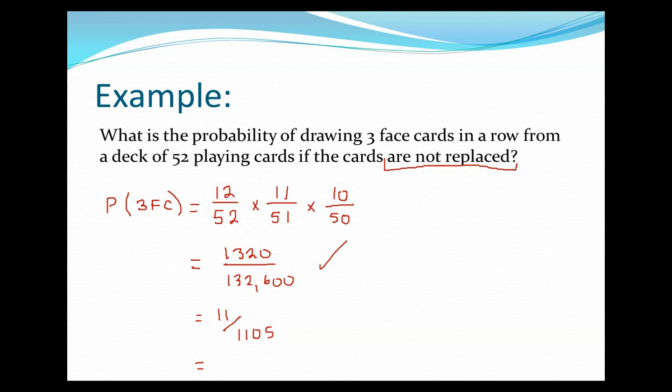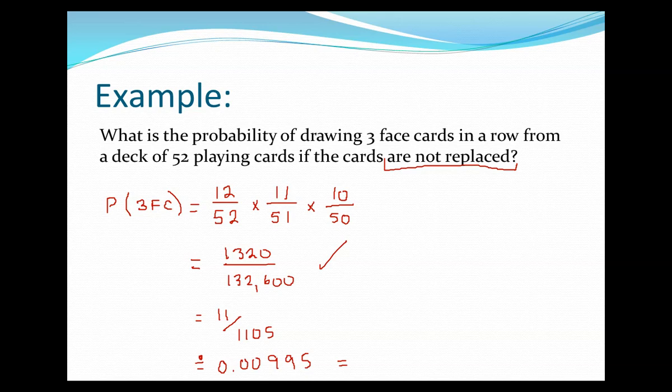You could make that a decimal by dividing. As a decimal, that is 0.00995 to a lot of decimal places, which is approximately equal to, as a percentage, if you multiply that by 100, it's very close to 1%.